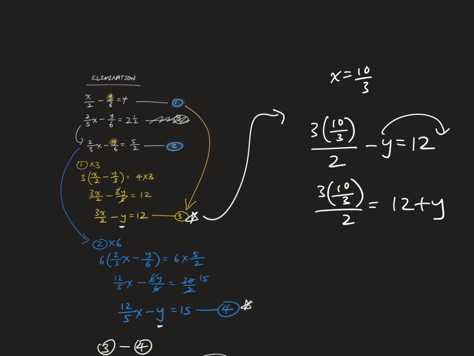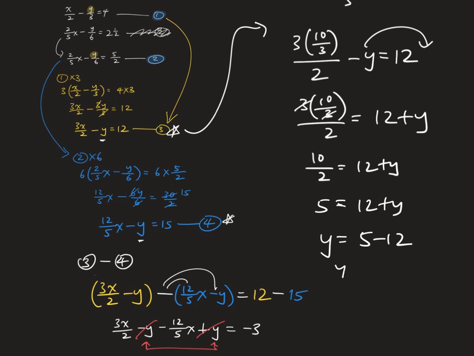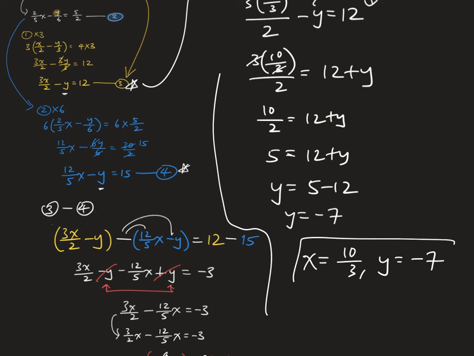Let's simplify this. 3 times 10 over 3, the 3's cancel out, so this is actually 10 over 2 equals 12 plus y. And 10 divided by 2 is 5, so 5 equals 12 plus y. Then y finally equals 5 minus 12, and y equals negative 7. So voila, we conclude that x equals 10 over 3 and y equals negative 7. There you go.